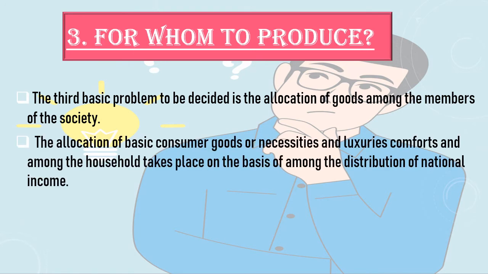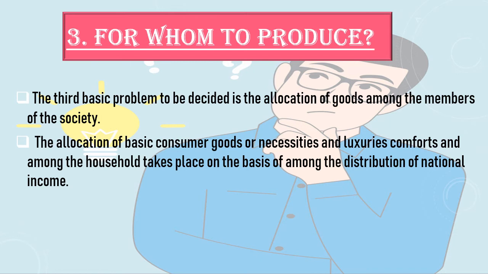The allocation of basic consumer goods or necessities and luxurious comforts among households takes place on the basis of distribution of national income. So basically, while deciding what to produce, we cannot escape the decision on for whom to produce. Essentially, this is the problem of distribution of final goods and services, or briefly, the problem of distribution of production.